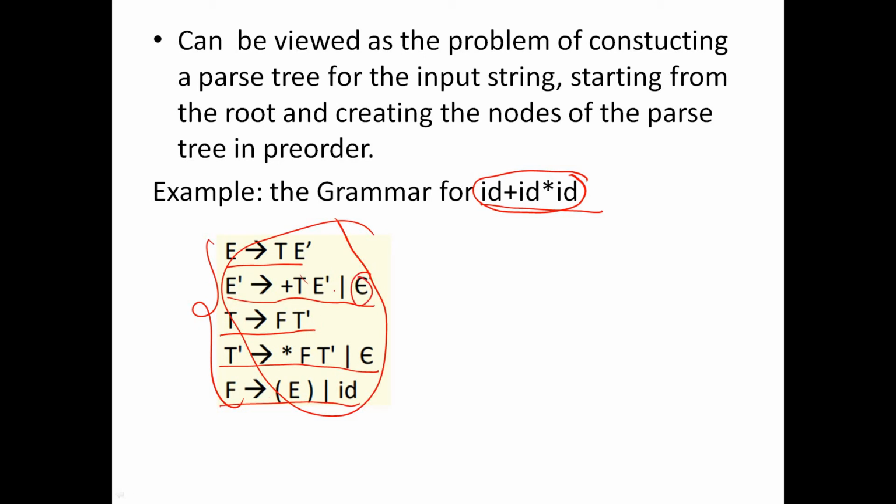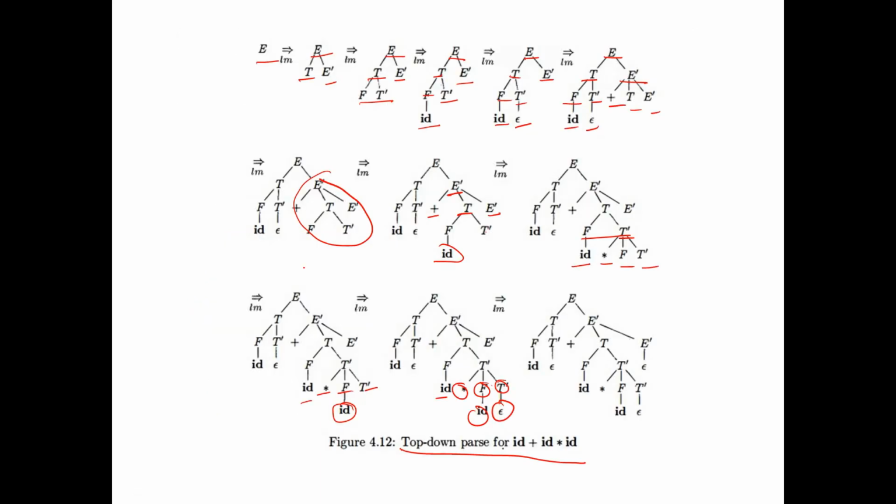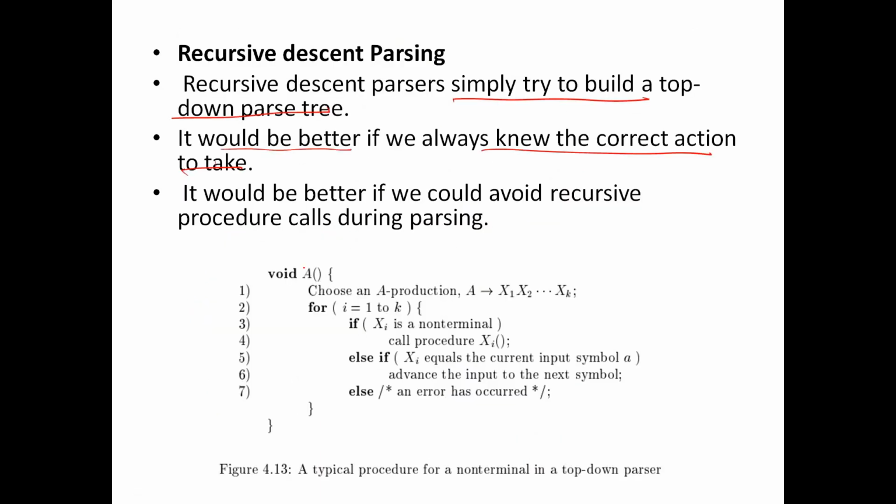Which one are you supposed to choose? For example, if you have E dash, whether you choose this one or this one is decided based on the given expression. So it would be better if we always knew the correct action to take, and it would be better to avoid recursive procedure calls during the parsing.